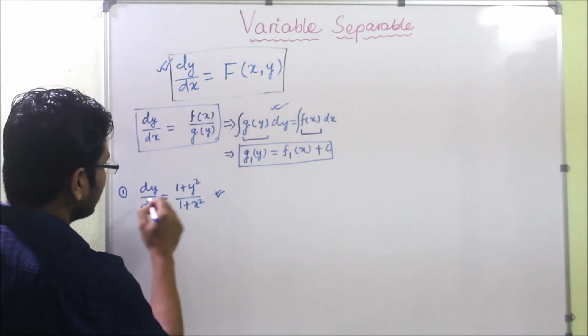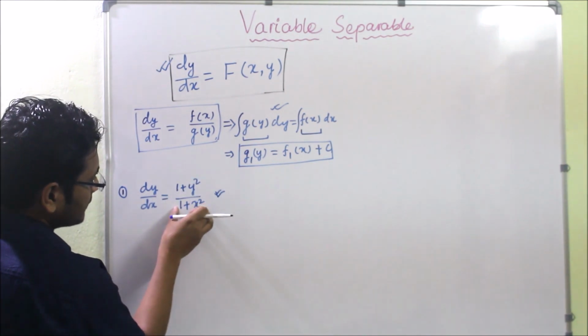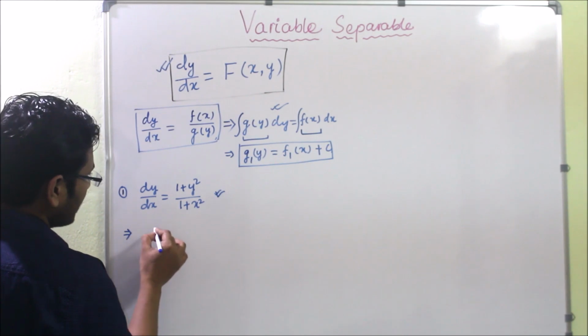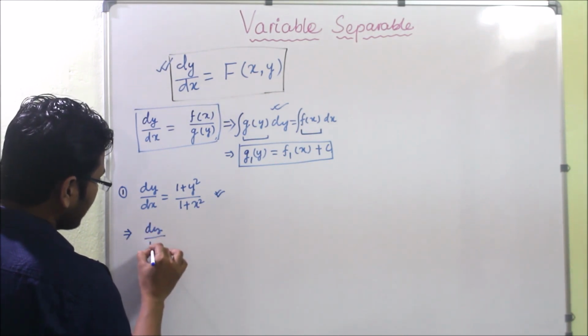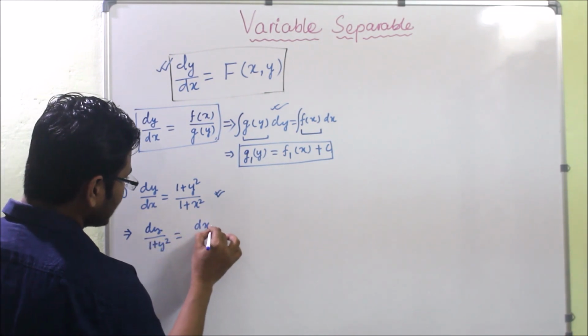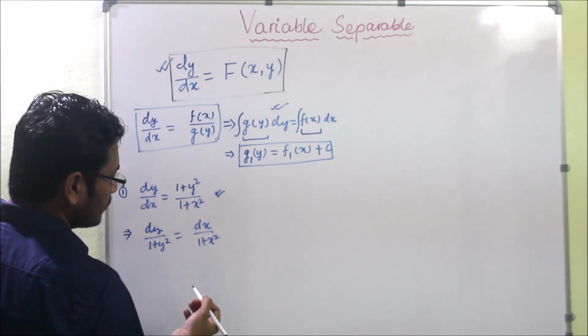Now this form is there because it will be one function of y and one function of x. So what can we write from this? We can write dy by 1 plus y square on the left side, and the right side will be dx by 1 plus x square.